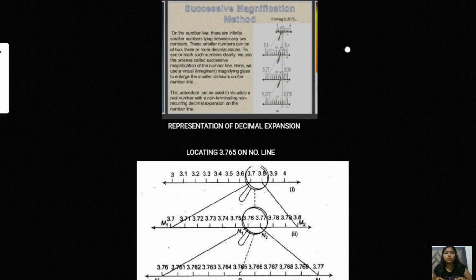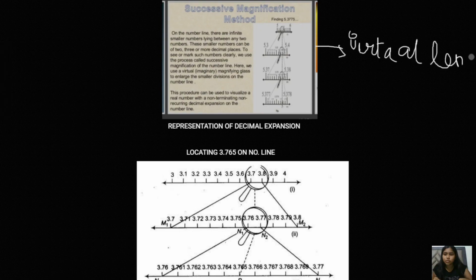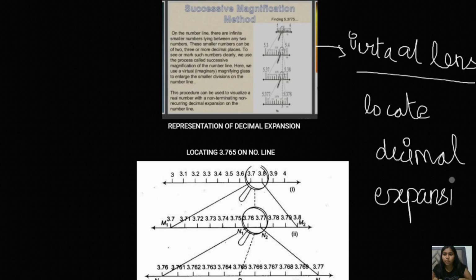In successive magnification, a virtual lens is used to locate the decimal expansions. Let's take an example.